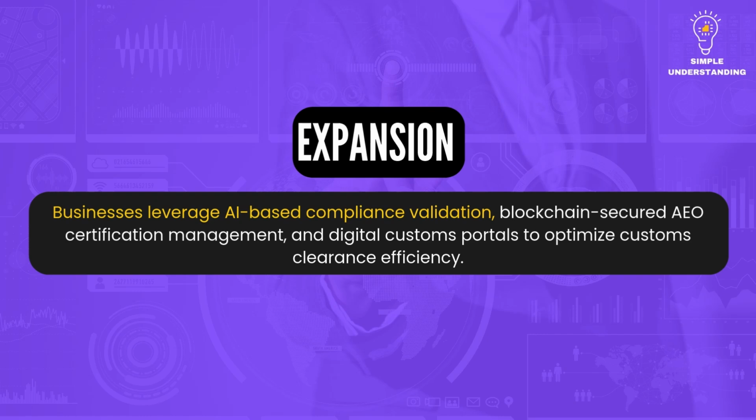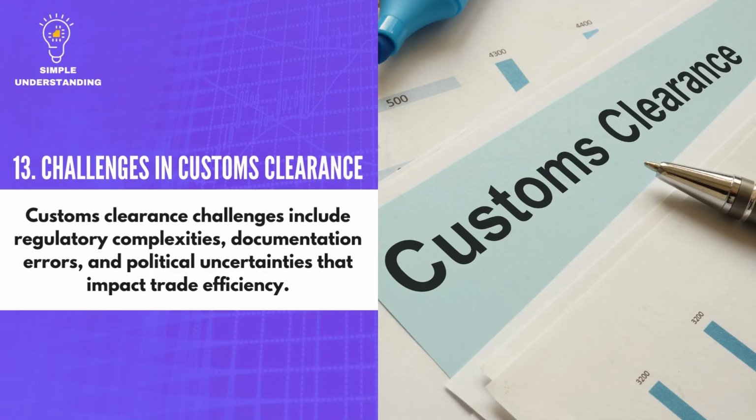Businesses leverage AI-based compliance validation, blockchain-secured AEO certification management, and digital customs portals to optimize customs clearance efficiency. 13. Challenges in customs clearance. Explanation. Customs clearance challenges include regulatory complexities, documentation errors, and political uncertainties that impact trade efficiency.